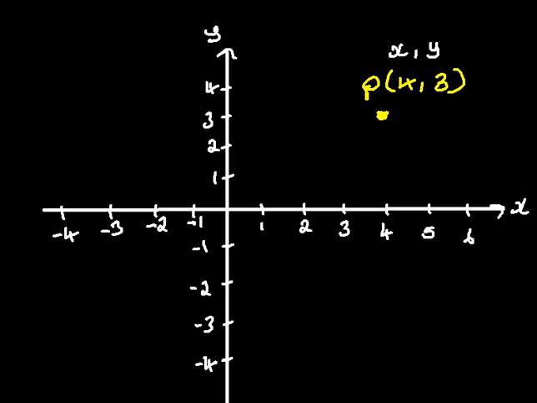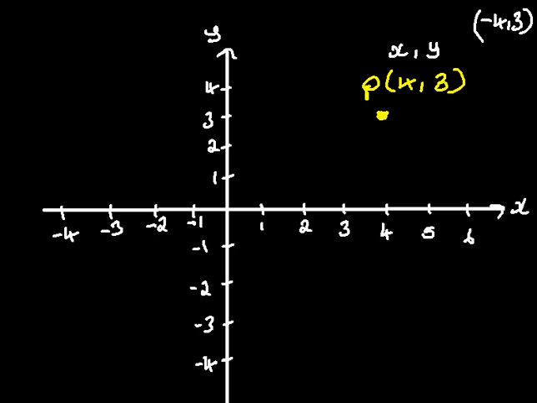Then the point will be given as -4, 3. So where is this point located? That point will be located in the second quadrant.